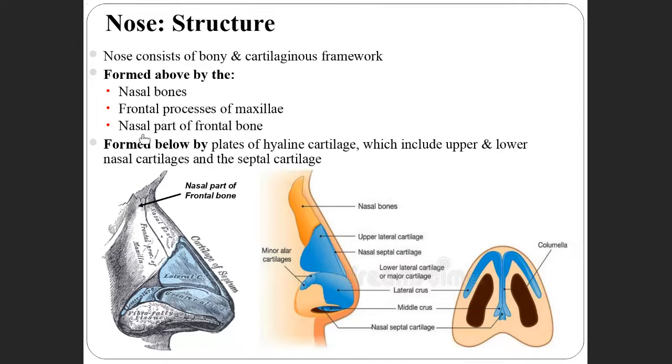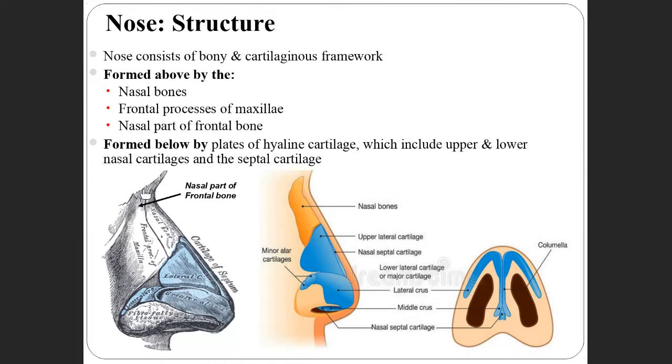Next one is the nasal part of the frontal bone, a small piece of bone. See here, above this arrow, this whole structure is the frontal bone. It is the frontal bone which is attaching to the nasal formation of the nose.